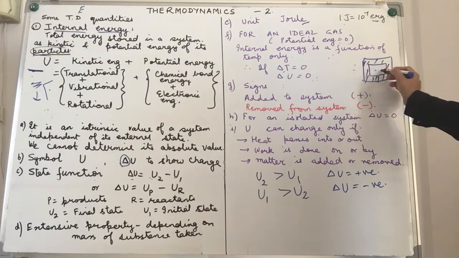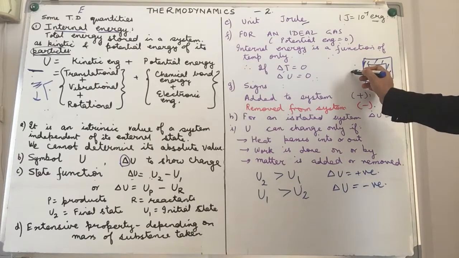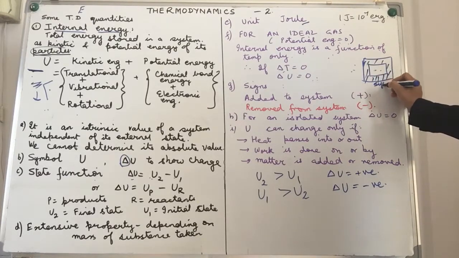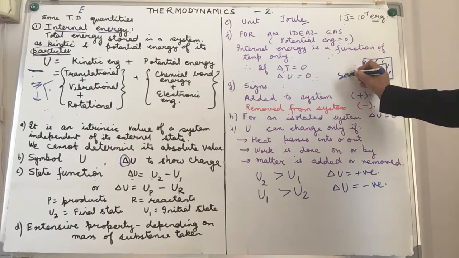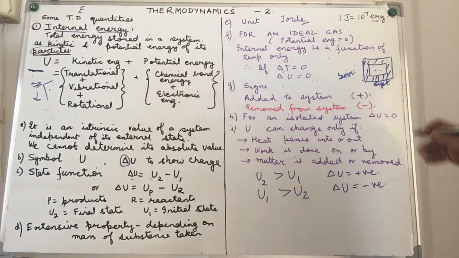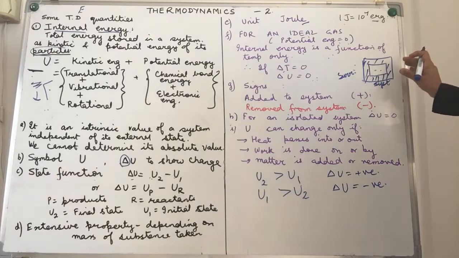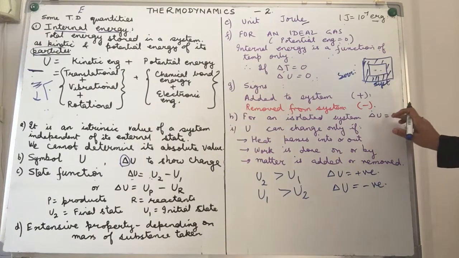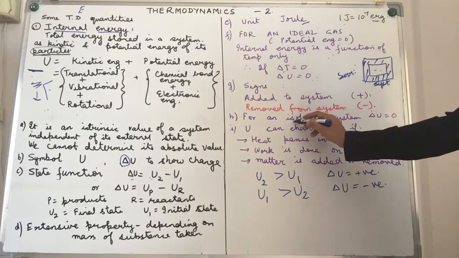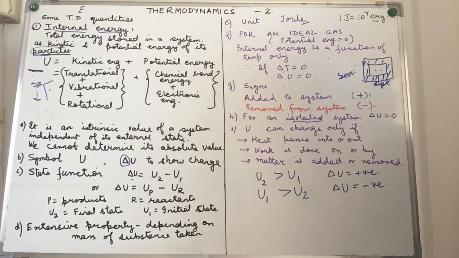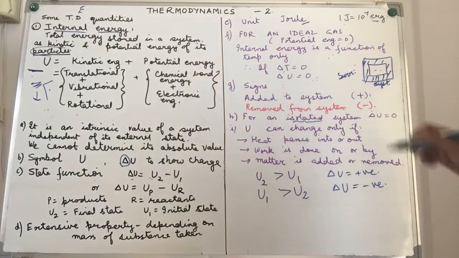In other words, there is no to and fro happening between the system and the surroundings. Because of this, there is no change in the status of the system. So we say delta U is 0. That means the change in internal energy for an isolated system is 0.